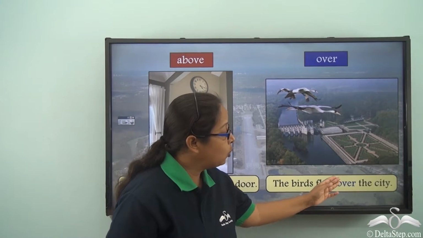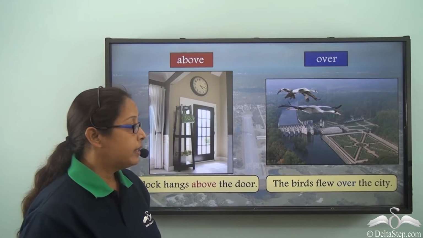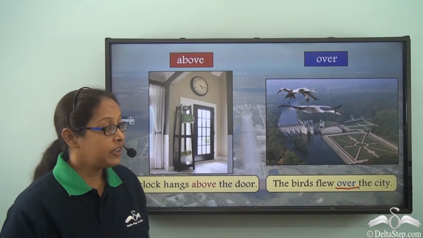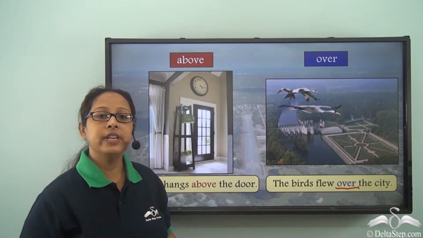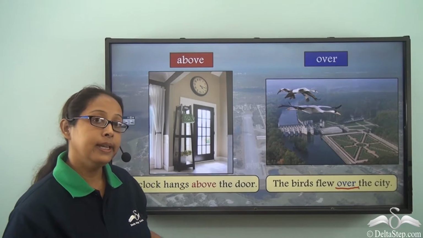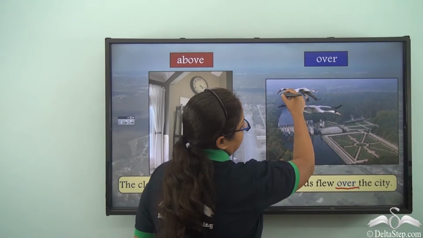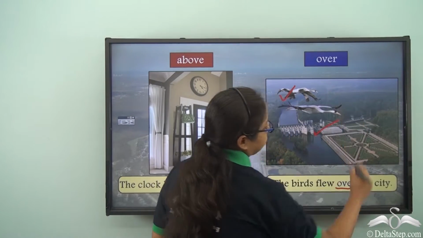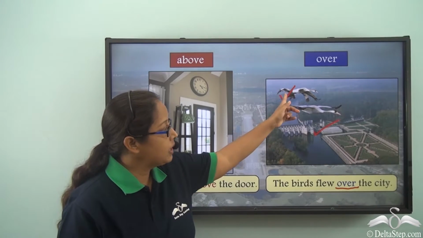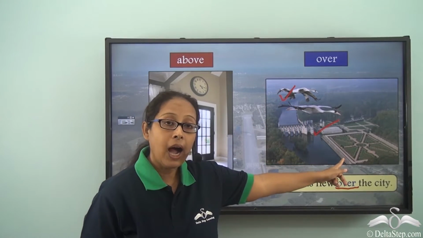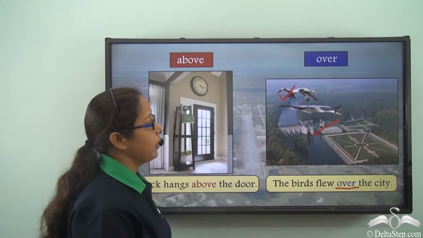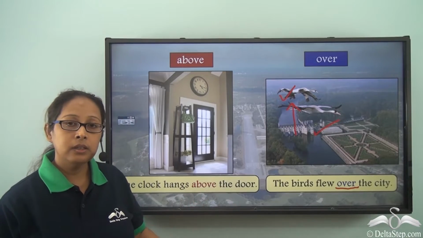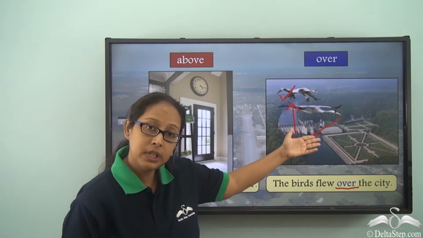The birds flew over the city. Now, we have another preposition. We have over. When we say over, what do we mean? Let's see. We are talking about the birds and the city is here. The birds are flying higher than the city. So, in a way, it is higher than, or it is above the city, I can say.